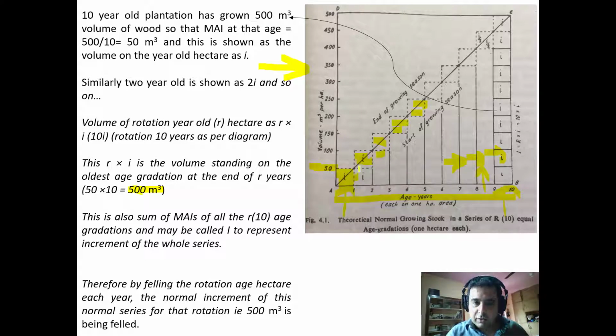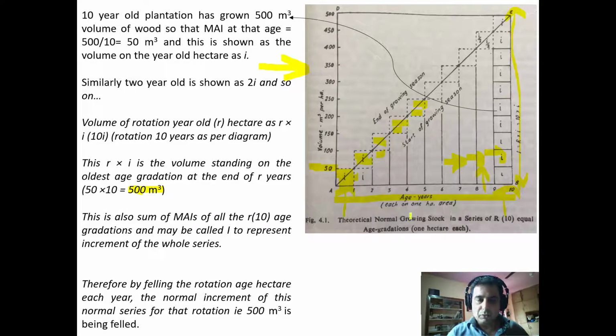We take all those 1, 2, 3, 4 up to 10 i's from this mature age class which is ready to be harvested. It has the volume of 10i, meaning 10 into 50, 500. So we are taking the yield or increment on behalf of all other age classes from the final mature class.